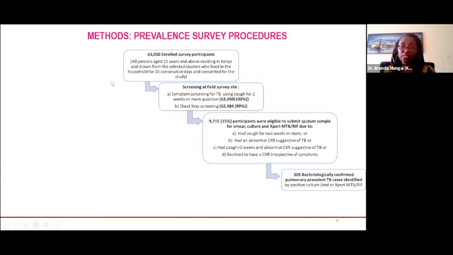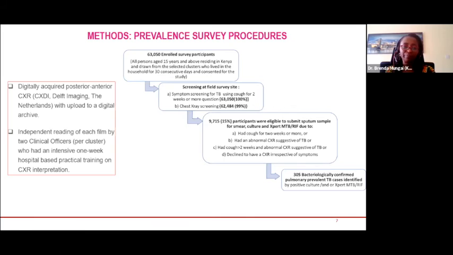And then out of those that were eligible to submit sputum, either one had cough for more than 2 weeks, or two had abnormal chest X-ray suggestive of TB, or they had both, so cough of more than 2 weeks and abnormal chest X-ray suggestive of TB, or they declined to have chest X-ray irrespective of the symptoms that I had said. From our prevalence survey, 305 were bacteriologically confirmed TB.